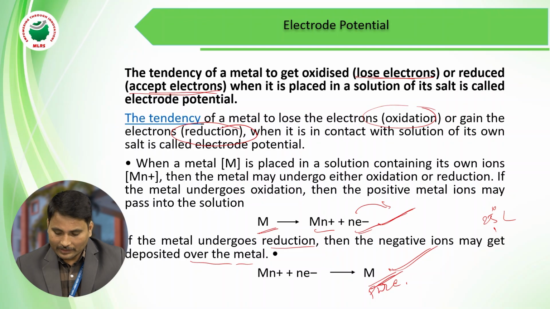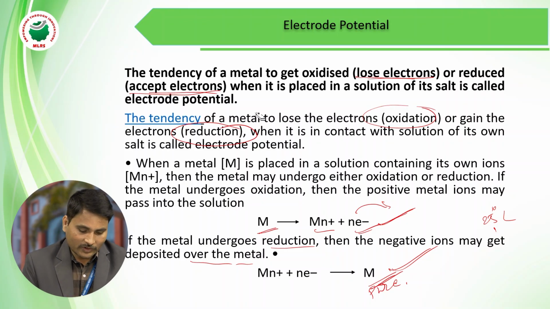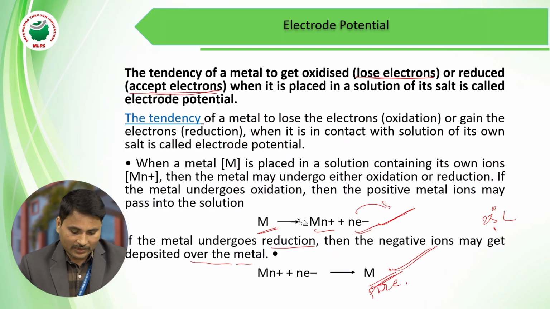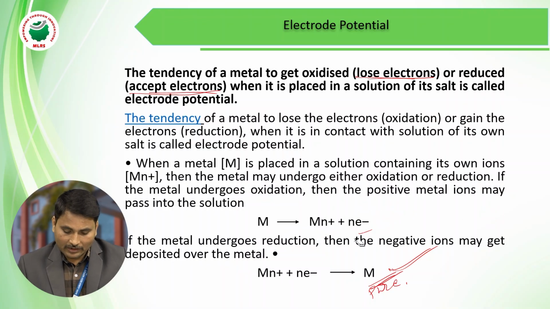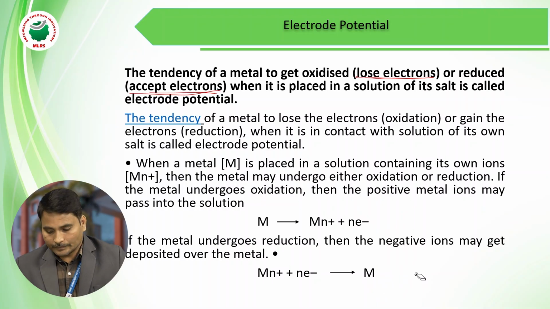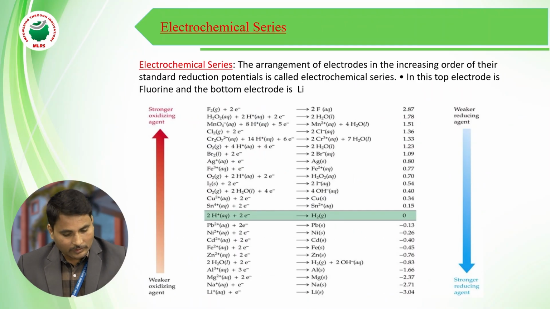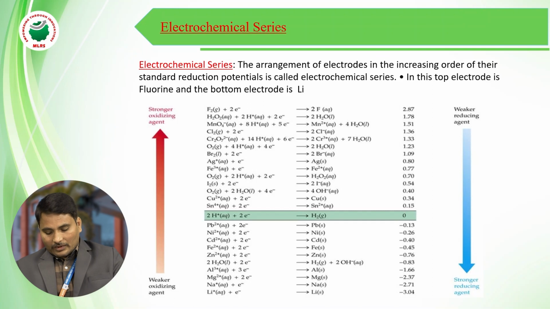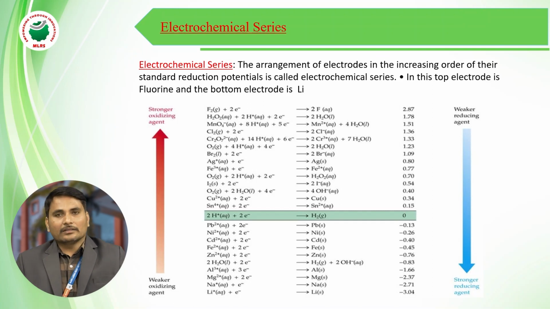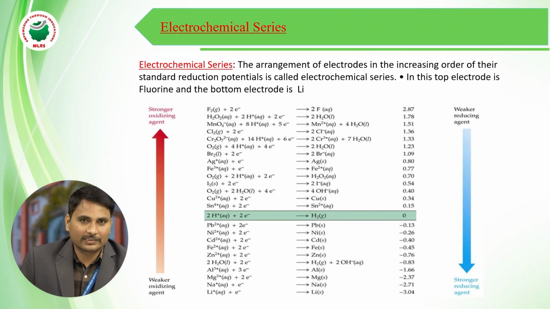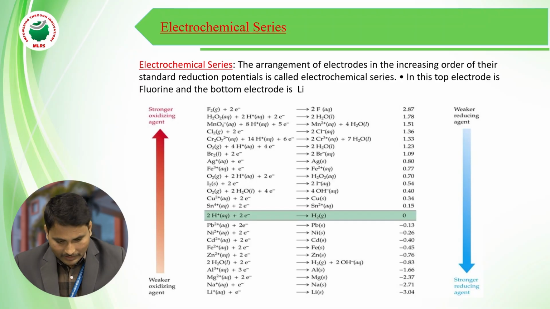That is a little bit of introduction to the fundamentals of electrochemistry. Along with this, if you know the electrochemical series, it will help us to understand batteries and to construct any cell or battery.